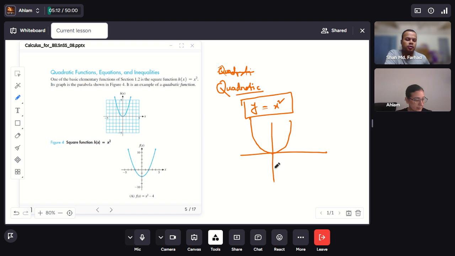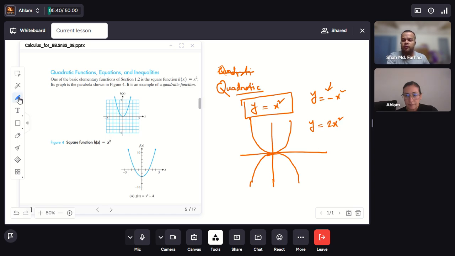But if we have y equals negative x square, then it will be just downwards. So that is concave down, because of this negative sign.